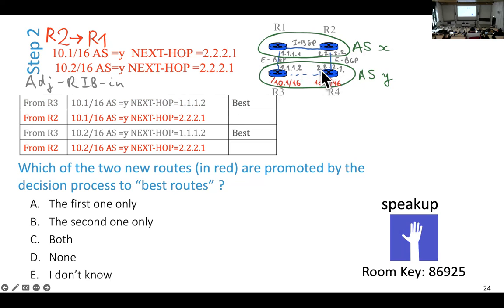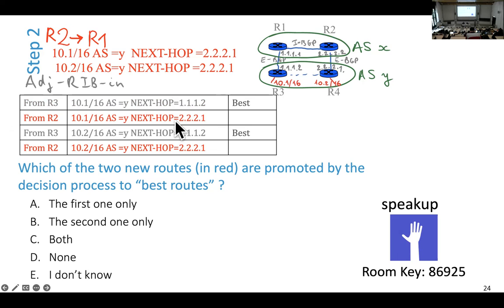What is the next hop? It is the external sender of this route, which is R4, the north interface of R4. Imagine that these routes pass the import filter at R1, and R1 writes them in the RIB.